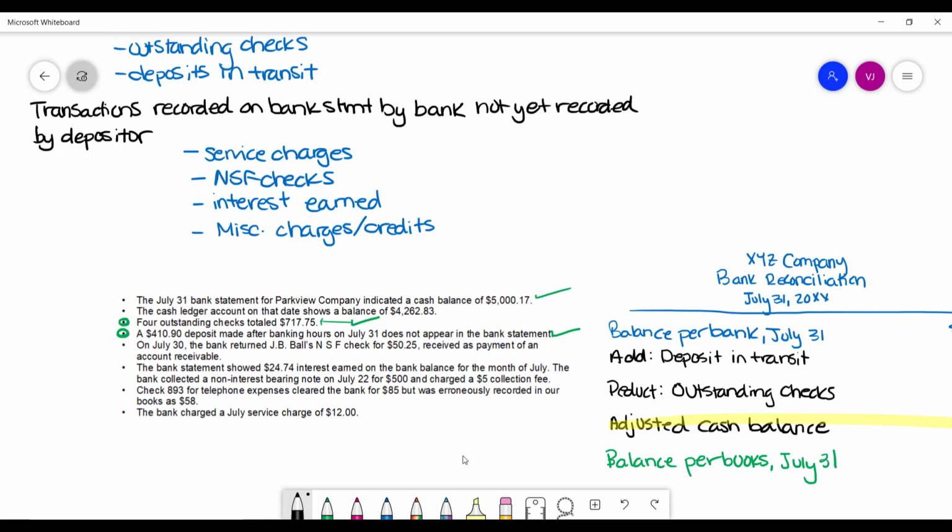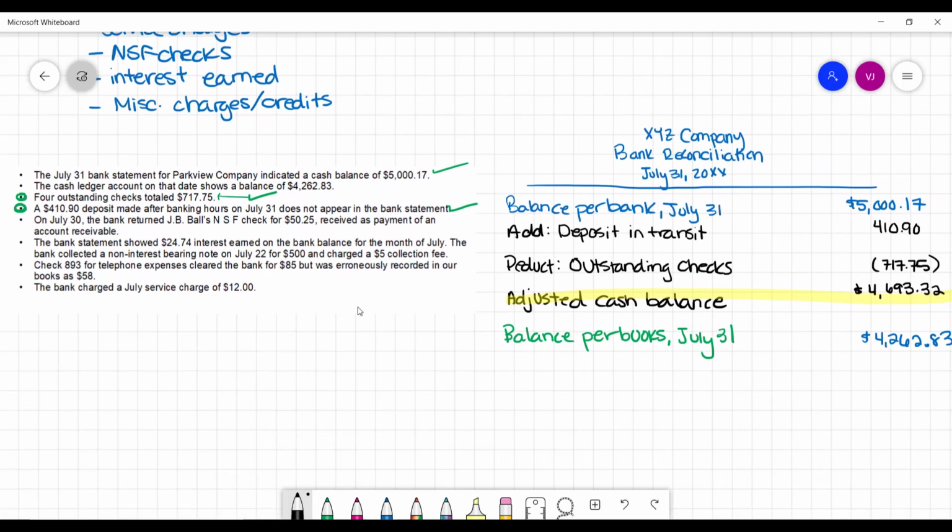If we make a mistake on how something is recorded on the books, but it clears the bank for a different amount, and we realize we recorded that amount incorrectly initially, then we would also have to make that adjustment here.